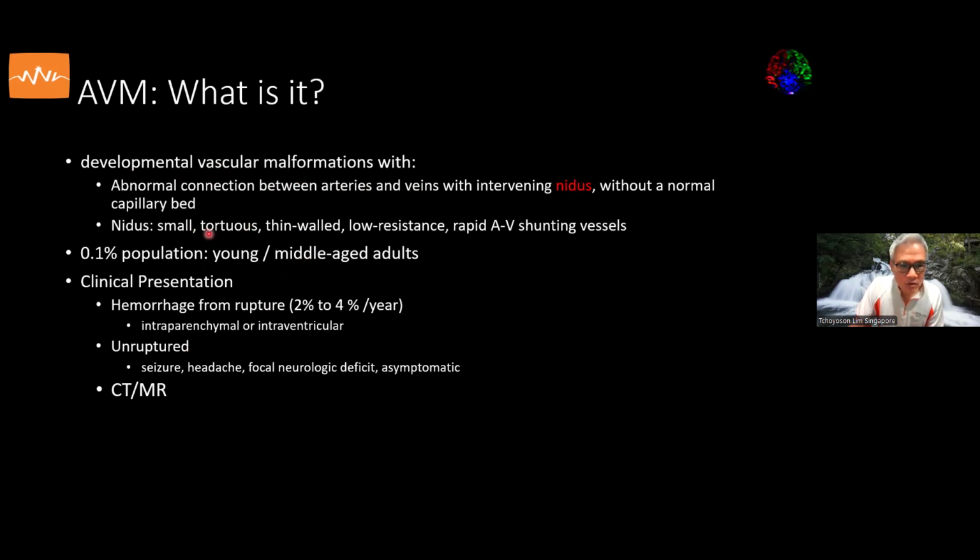These are small, tortuous, thin-walled, low-resistance shunting vessels that can be calcified, and those can be detected on CT or MR. How AV malformations present is, as I've described previously, intracranial hemorrhage, and they have a risk rate of about 2 to 4% per year. In patients who are unruptured, they can present with seizures or headache, and we detect them on CT and MR.